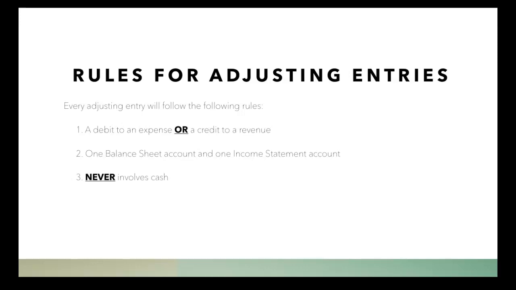Same sort of deal if we come back to the office and we spent $1,000 in cash. We have to explain where that cash went, right? So that's why these adjusting entries are never going to include cash. So we'll remember these three rules when we start preparing our adjusting entries in this review.